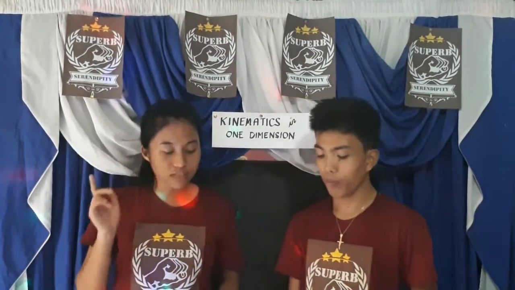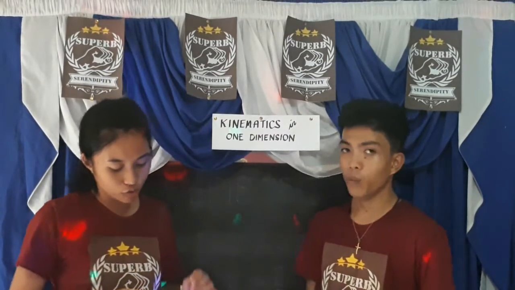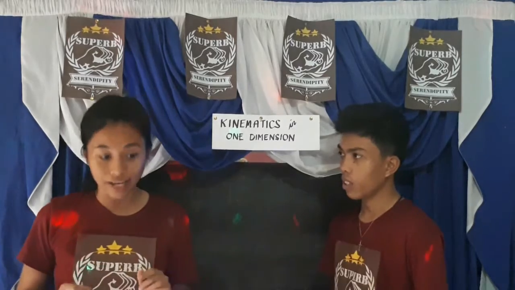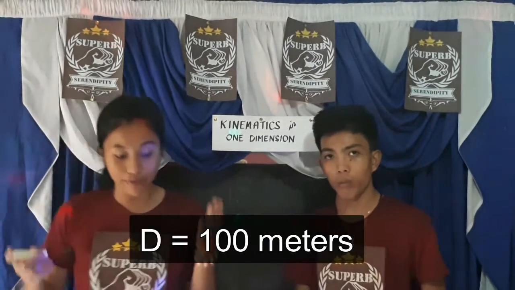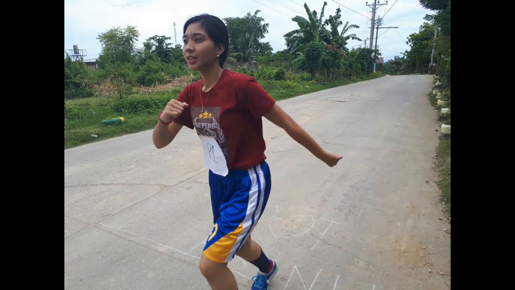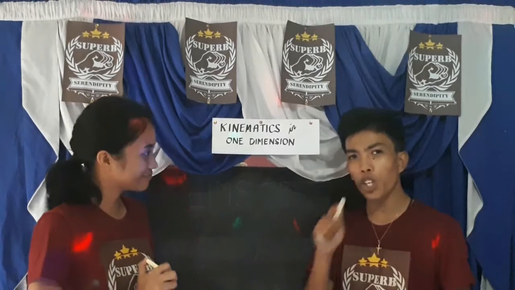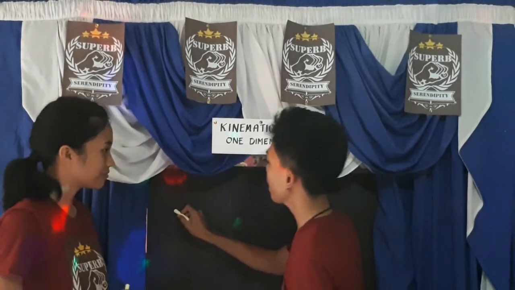So, if P1 starts from rest and accelerates uniformly over a time of 66.54 seconds for a distance of 100 meters, what is the acceleration of P1? In that situation, we can conceptualize the diagram like this.